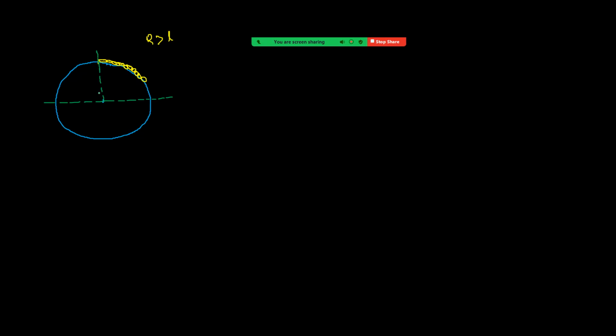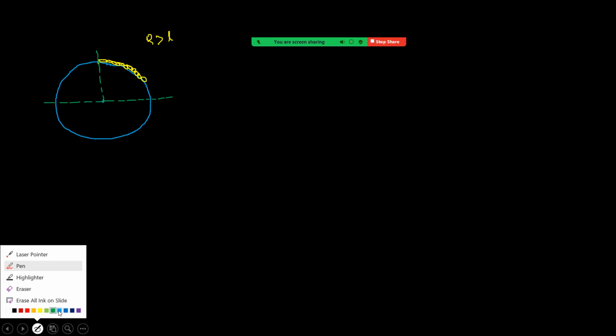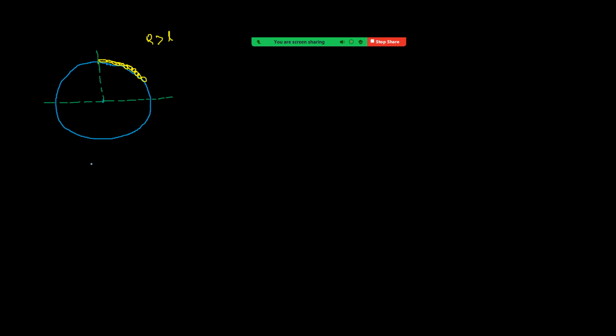First of all, I'm taking one small element on the chain. Let us take the angle as alpha, and take a small increment here, d alpha. Now we are focusing on this part of the chain. Its length is equal to r d alpha.